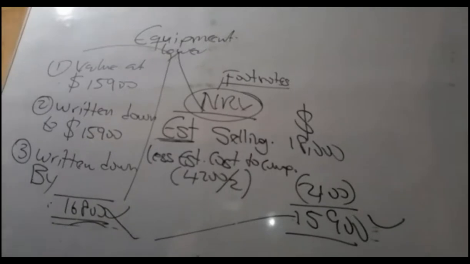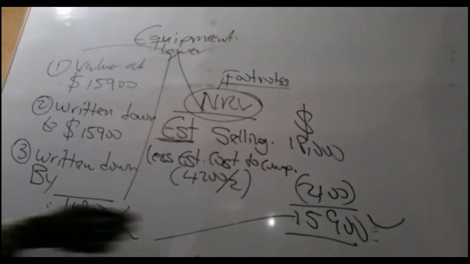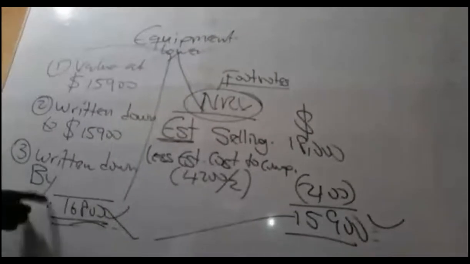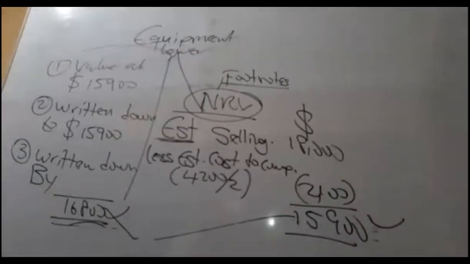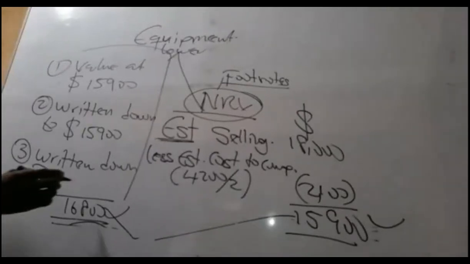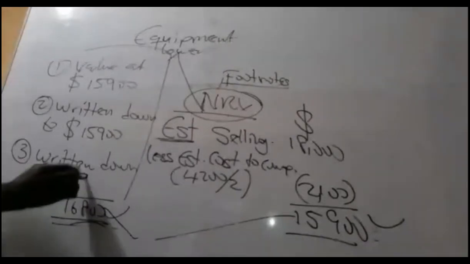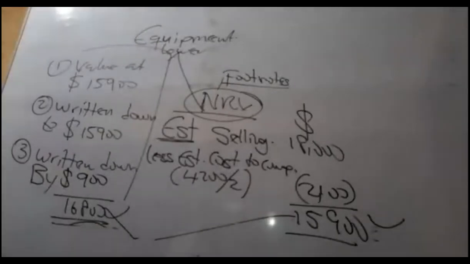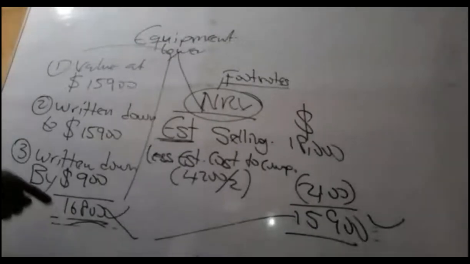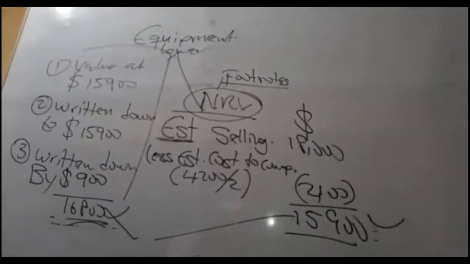Kindly confirm for me, what is the difference between 15,900 and 16,800? The difference is 900. So it must be written down by $900. When you do that, it means that this value that we have here, we have to reduce it by $900. It's too much. Good. So that is it.